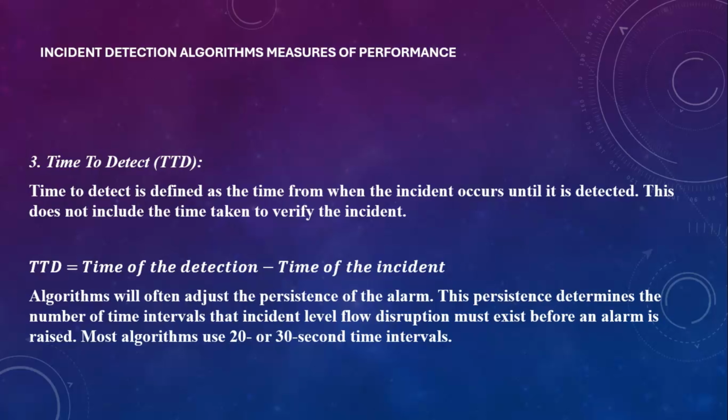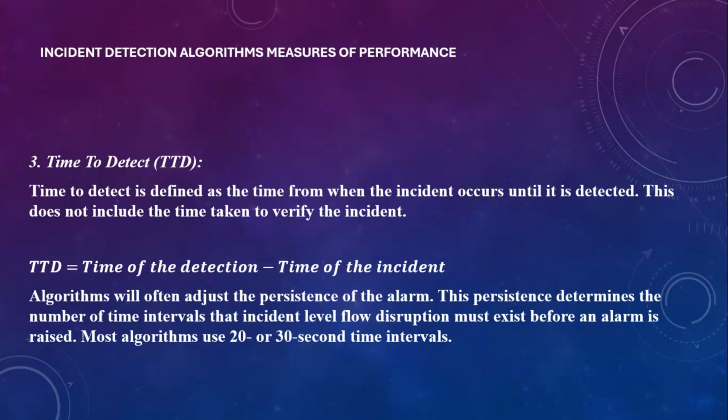Now, a shorter time to detect is crucial for effective incident management, as it allows for quicker response from traffic management centers and emergency services, ultimately reducing the impact of incidents on traffic flow and safety.